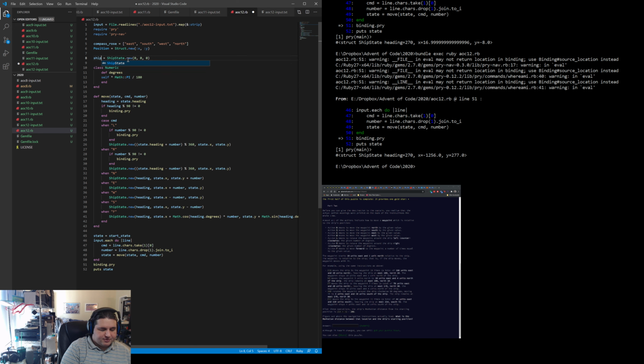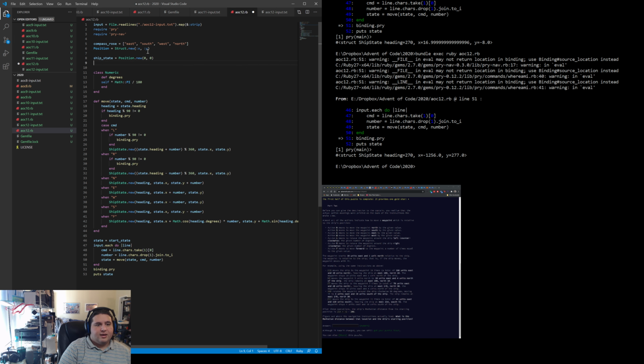So the ship state equals, we're going to start at position 0, I guess. And the waypoint state equals position dot new, 10 units east, 1 unit north, which is 10, 1 in my coordinate system.